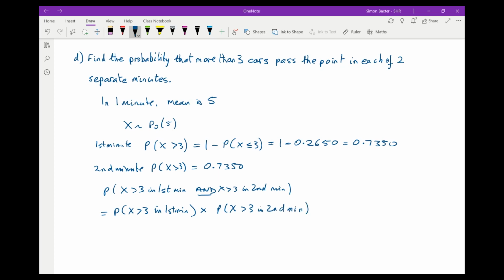That's where we need the fact that everything is independent. This is just 0.7350 squared, and that is 0.540, and I give that to 3 significant figures because I've used my calculator.